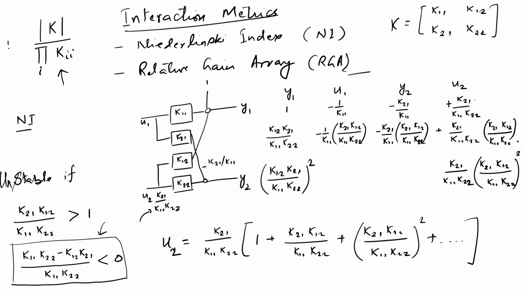This is called the Niederlinsky index. So the Niederlinsky index, for a given pairing, is equal to the determinant of K divided by the product of the kii.